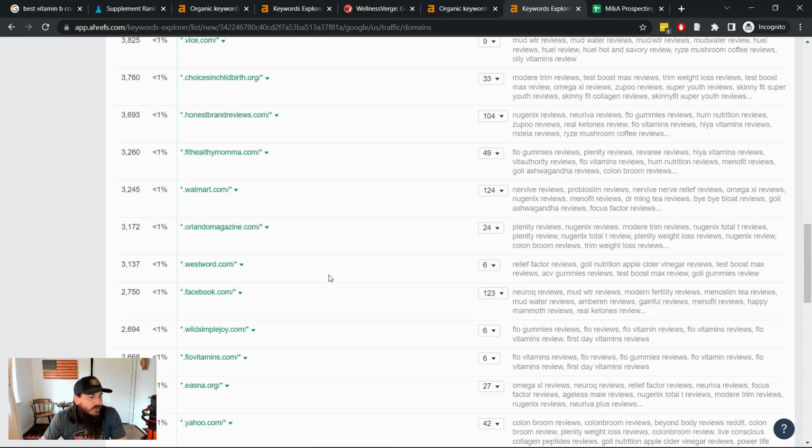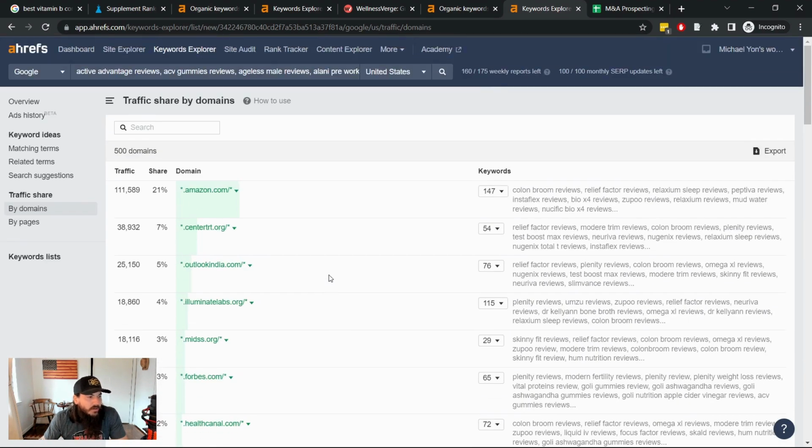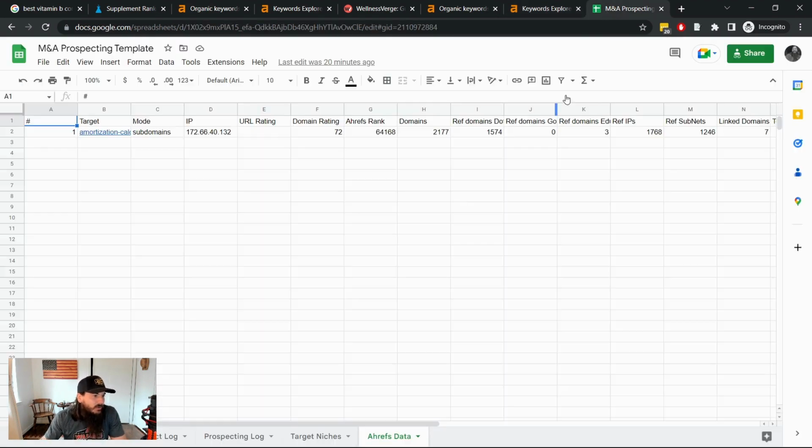So you can do this kind of really quick and dirty keyword footprint analysis for pretty much any group of keywords that you're really looking to potentially purchase a site in. And then, like I said, just add that to your prospecting list, do further due diligence on those sites and see if they are an attractive acquisition target and if the seller is willing to sell.